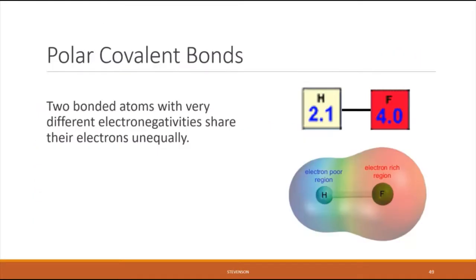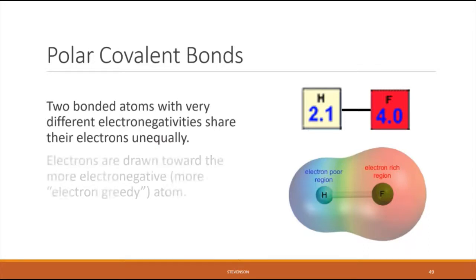For example, if we have a bond between an element like fluorine, which has the highest electronegativity of any element on the periodic table, clocking in at 4.0, and hydrogen, which has a much lower level of electron greediness here, they each bring electrons to the table to share, but fluorine has a much greater desire or want for electrons than hydrogen does, and so they share those electrons unequally.